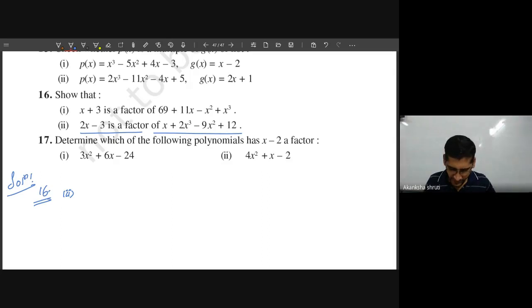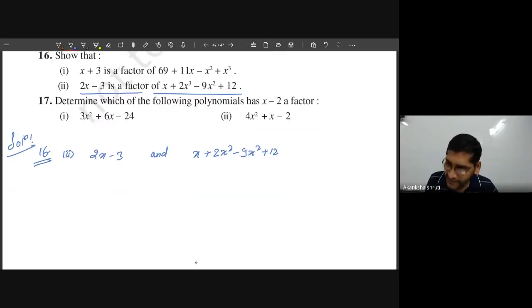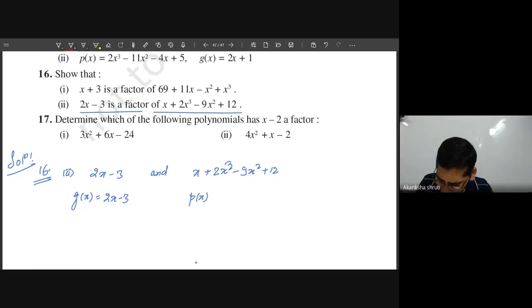So what you have to do, whatever is given, 2x minus 3 and the other one is 2x cube minus 9x square plus x plus 12. Students, see, the smaller degree polynomial you have to consider as G(x), it is 2x minus 3, and the bigger degree polynomial you have to write as P(x), but write in descending order of the degree.